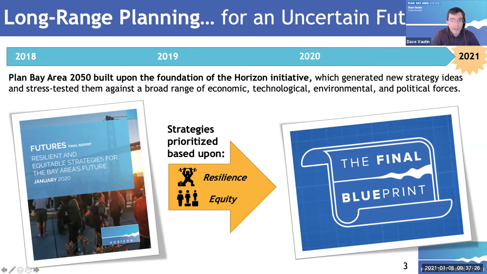And by generating new strategy ideas and stress testing them over a period of years, we were able to craft a Plan Bay Area 2050 final blueprint that's more resilient and more equitable than past long-range plans here in the Bay Area. And of course, because the strategies are more prepared for a post-COVID world that is highly uncertain because we've stress tested them against such a wide range of future conditions. As we move into the final year of this 4-year process, we're ready to start thinking about how to implement the bold ideas featured in this plan.